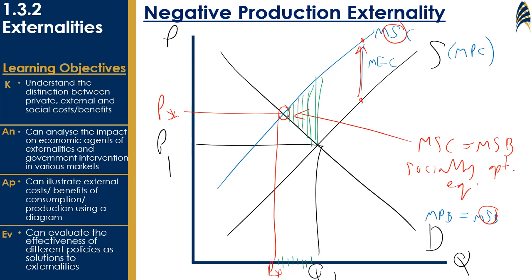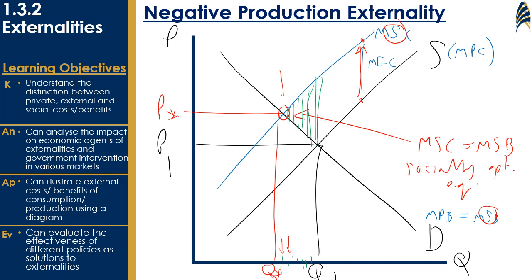So what is happening here is we're producing at Q1, but we should be producing at, I've just noticed this is P down there, it's a bit silly, Q star. So we should be producing at Q star to reflect the fact that this is a bad thing, negative externality in production. But we don't. We produce at Q1. So all these little green lines here represent extra units we made, but we shouldn't have done.